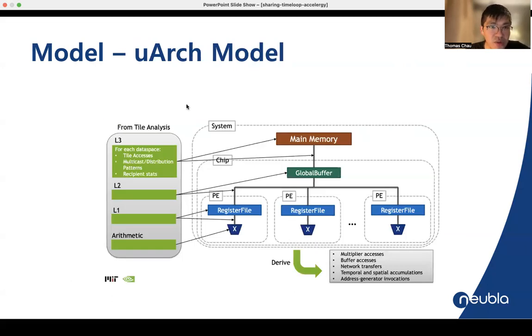The model also includes the microarchitecture model based on the outcome of tile analysis, such as tile access, multicast patterns, etc. The microarchitecture model tells us about the architecture statistics, including multiplier access, buffer access, network transfer, and so on.